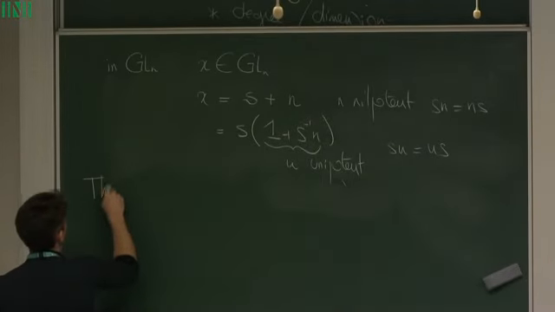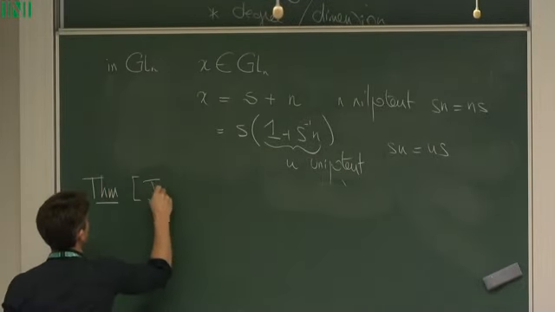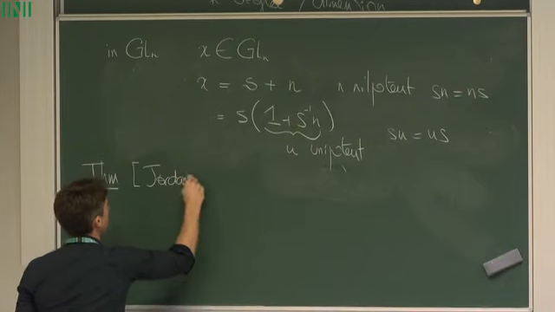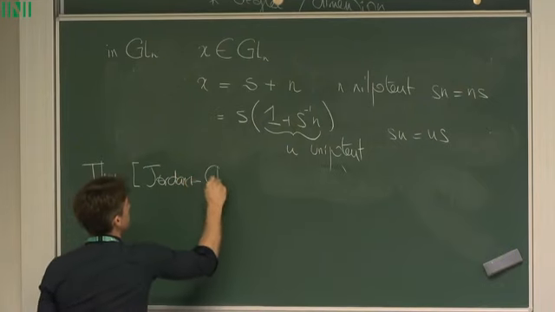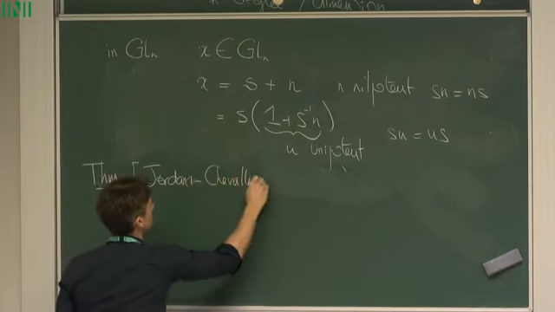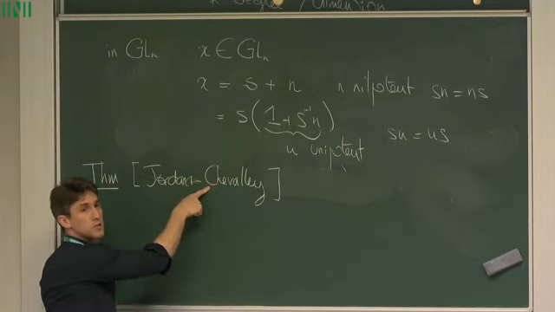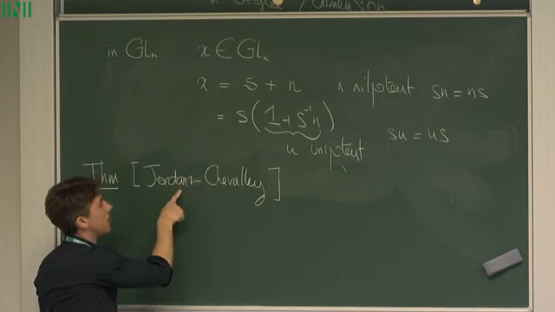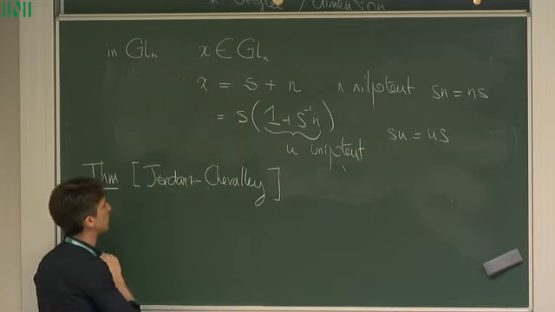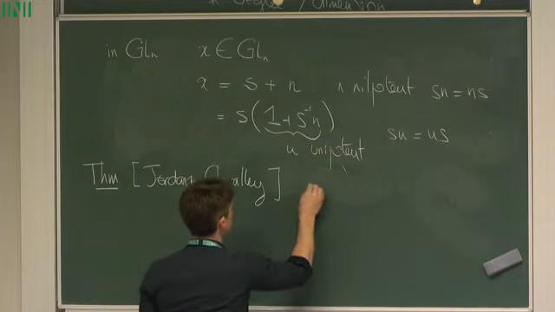And so the first theorem that I want to state, for any algebraic group, is called Jordan and Chevalley. Okay, it's not because I'm French that I want to cite two French mathematicians for this theorem. I checked on the English Wikipedia page that it was called the Jordan-Chevalley decomposition.